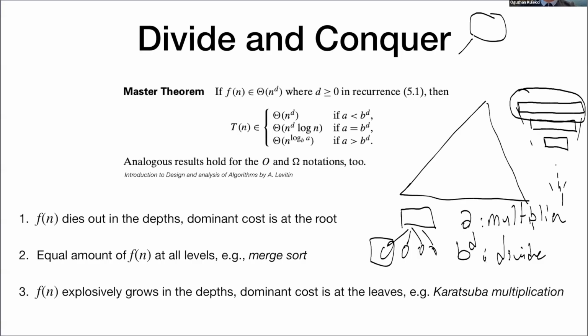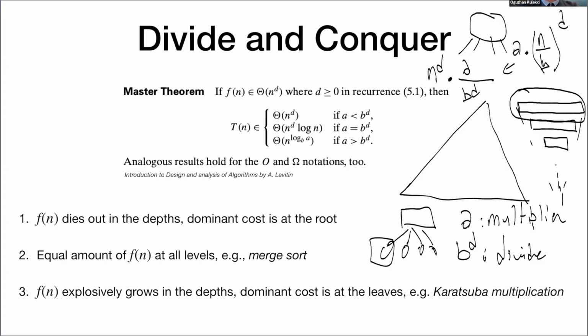You split it into a pieces, and then at each one you have to deliver n divided by b to the power of d, a times n divided by b to the power of d. So that is n to the d multiplied by a divided by b to the d.